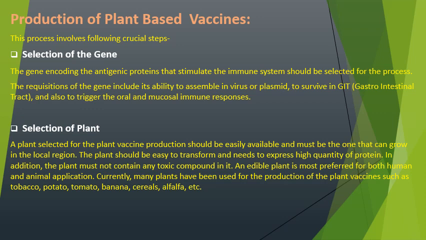An edible plant is most preferred for both human and animal application. Currently, many plants have been used for the production of plant vaccines such as tobacco, potato, tomato, bananas, and other cereal plants and alfalfa plant also.